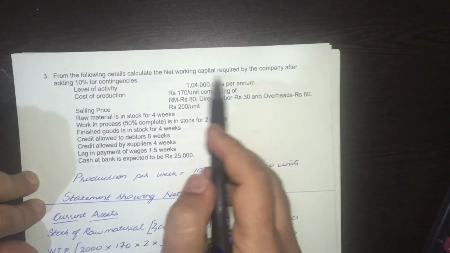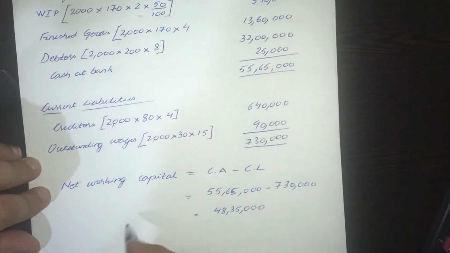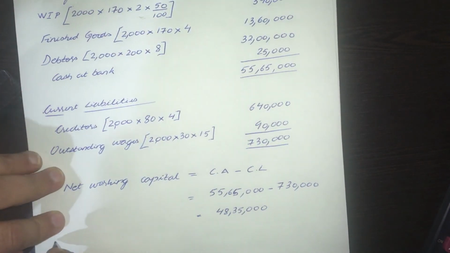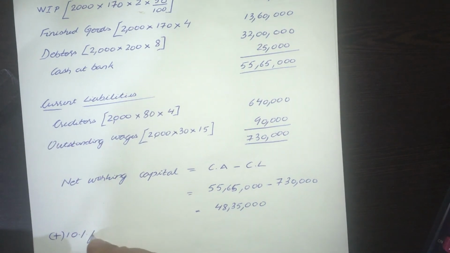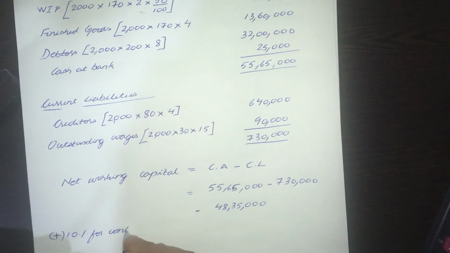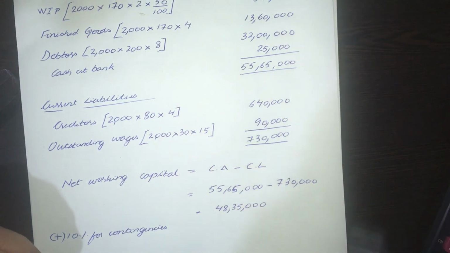35,000, plus we have to add here, see it's mentioned, add 10% for contingencies. So add another 10% for contingencies. So what is 10% of this?